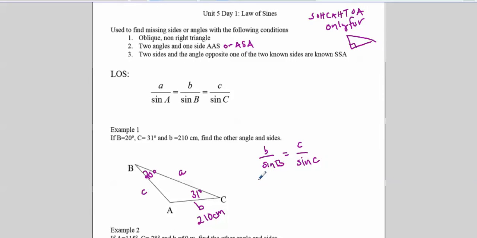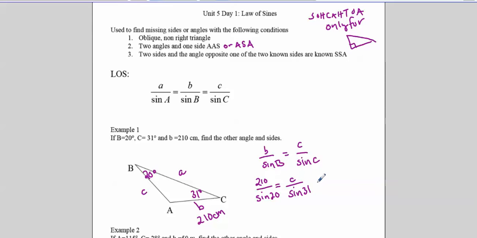Side B is 210 centimeters and sine 20 degrees. We don't know side C, and then sine of C, so sine of 31 degrees. So we need to solve this for C.